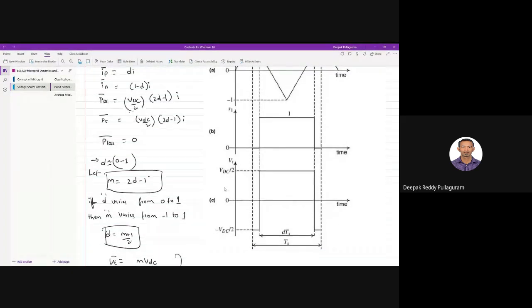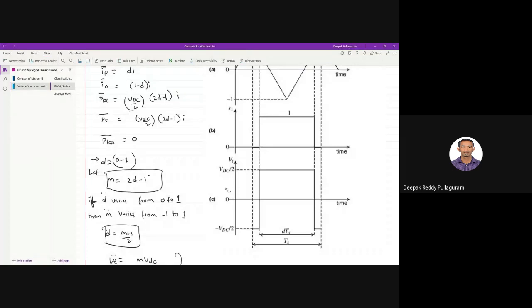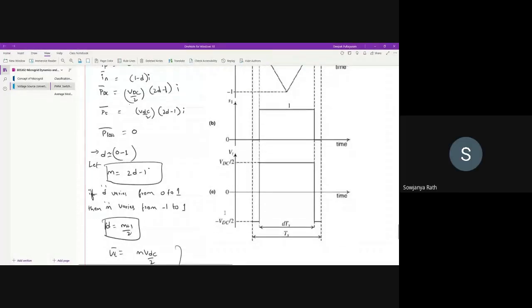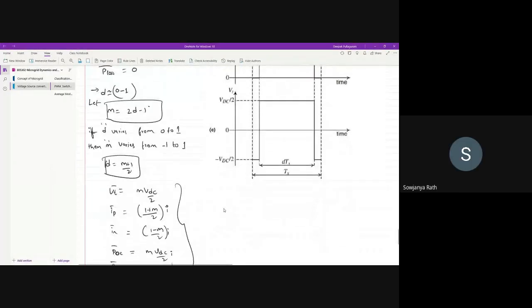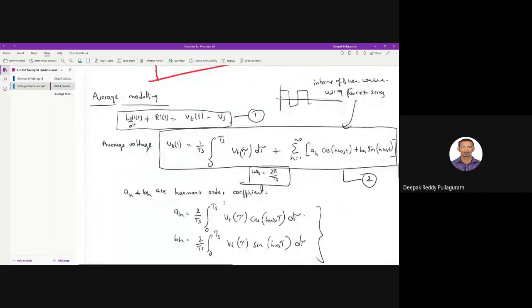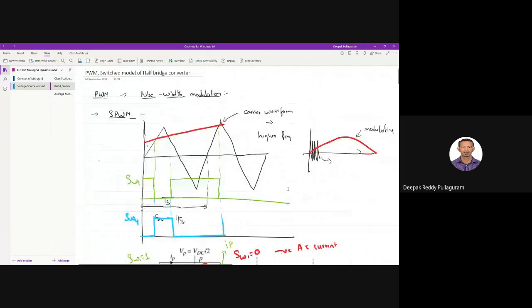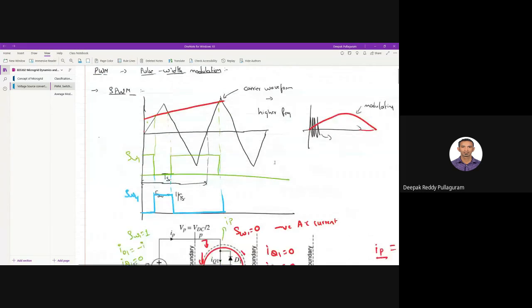So m decides my on time and off time now. This m is also called the modulating index, which decides the magnitude of this modulation. If you see, the modulating signal is there, right? The magnitude of this modulating signal is decided by m.